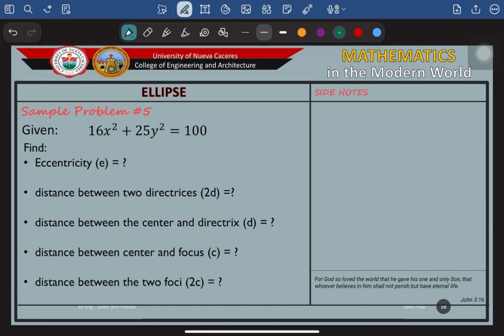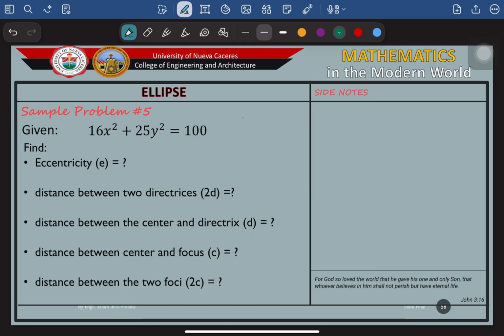So in this sample problem, we need to obtain the eccentricity, the distance between two directrices, then the distance between the center and directrix, then determine the distance between the center and focus, or the C. Then the last one is to find the distance between the two foci, or 2C.